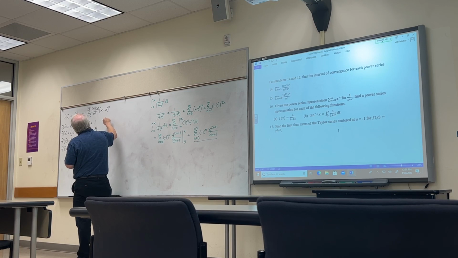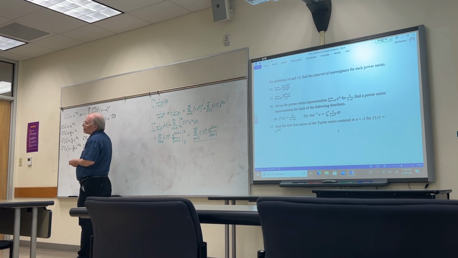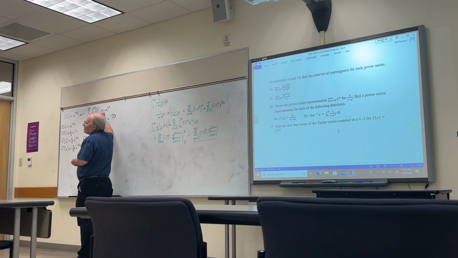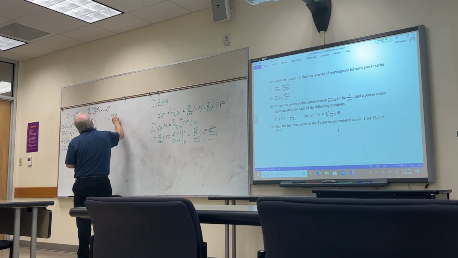Now for the next term, we're gonna have -4/3 over 1 factorial, which is just 1. And that's times x minus a, where a is -1, so what's x minus -1? It's x plus 1.